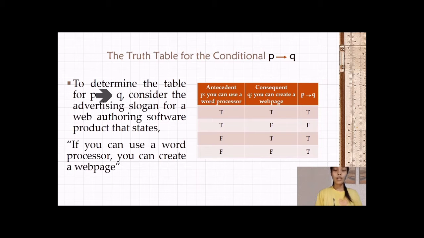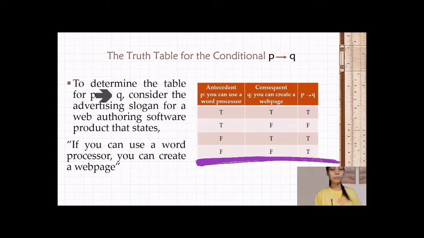Fourth, you cannot use a word processor and you cannot create a web page. Once again, we must consider the truth value in any case to be true, because the advertisement does not make any statement about what you might or might not be able to do if you cannot use a word processor.